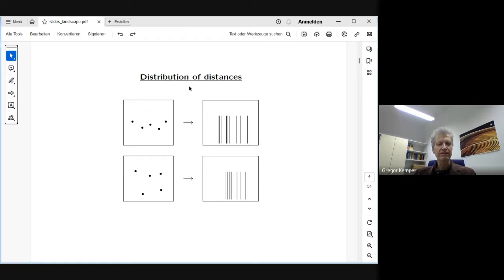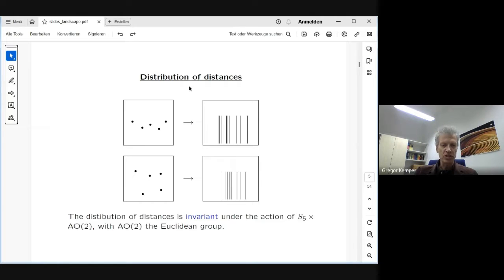So one obvious idea of doing that is to use the distribution of distances, which is given here as a histogram. So for these two constellations, you can see that the histogram of distances is in fact different. And that raises the question whether this distance is actually an invariant that always distinguishes between point configurations.